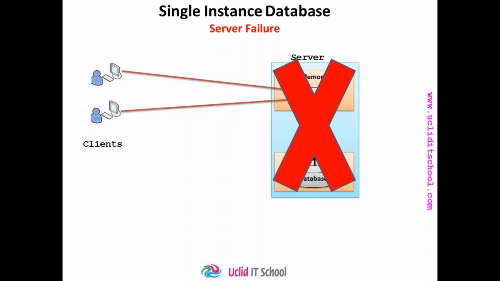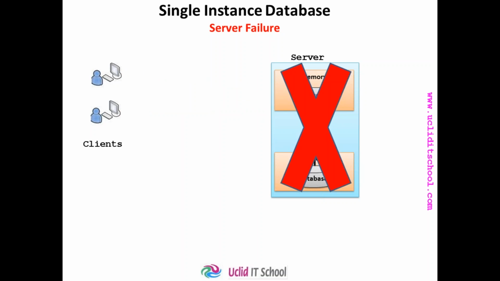Hardware failure, data center failure, any disaster which caused the server failure, or a fire accident in the server room, the server has gone up in fire, or any hardware problem which stops the show. So again, the same problem. All the connected clients lose the connection. They are disconnected, and now you say your database is not available.